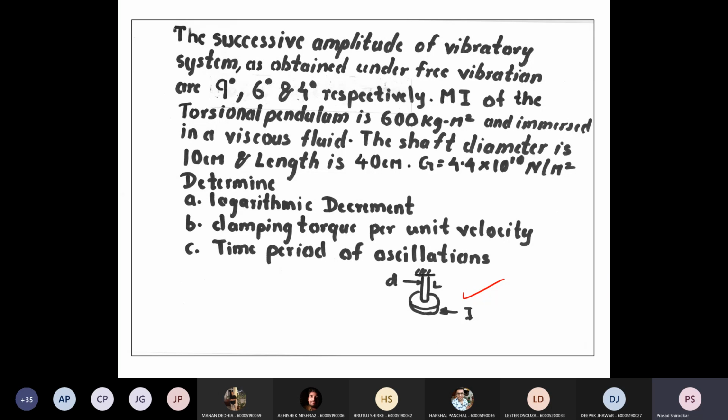All right. What do you mean by damping torque per unit velocity? Can somebody tell me? Torque upon the velocity. Pardon?